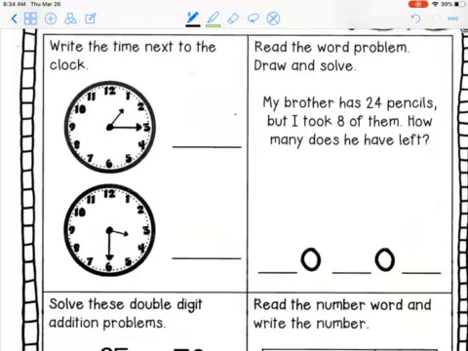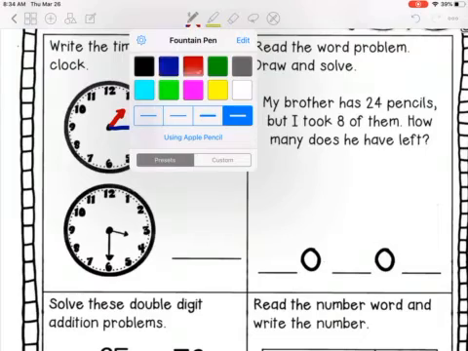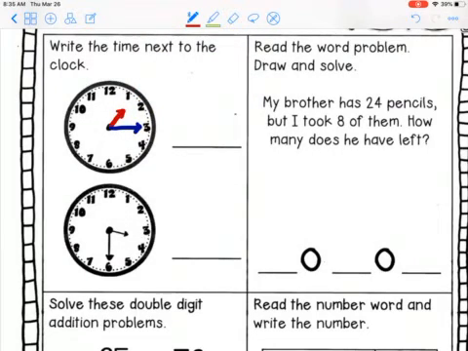How I like to do this, we're going to think about this. The hour hand is going to be the red hand, and the minute hand is going to be blue. We start with the hour hand, the red hand, and we try to see which two numbers this red arrow lands on or in between.